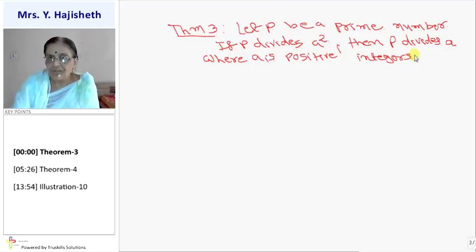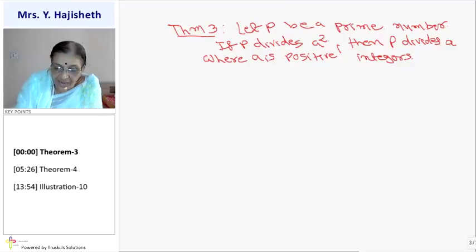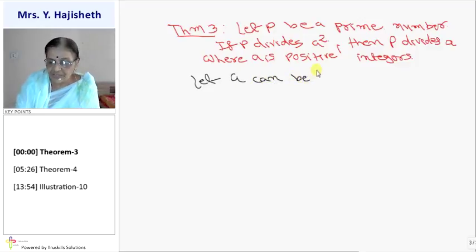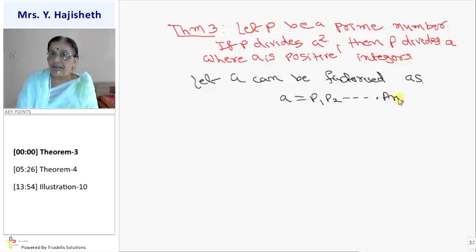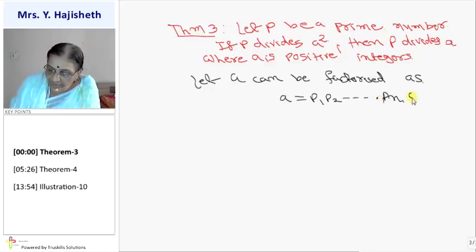How do I prove? For proving this theorem, let A be any positive integer, so A can be factorized. Suppose A is P1 into P2 into ... into Pn. Suppose there are n prime factors for A. Some factors can repeat also, okay?